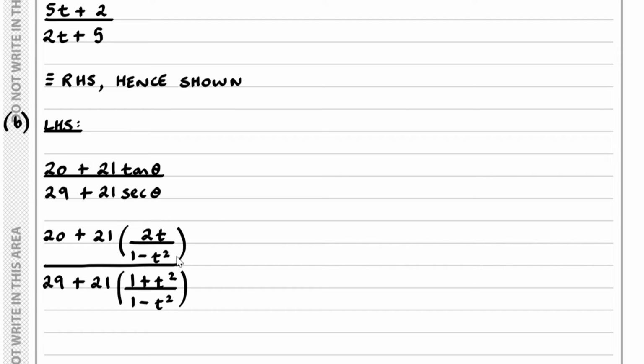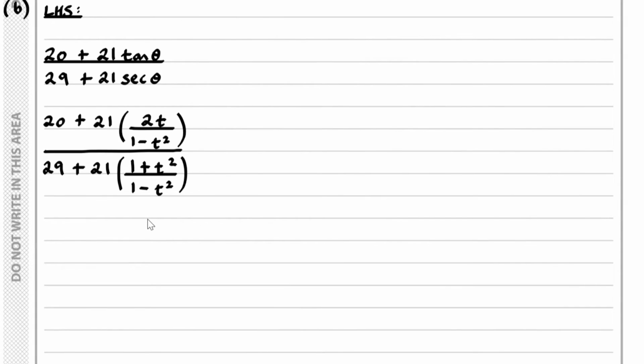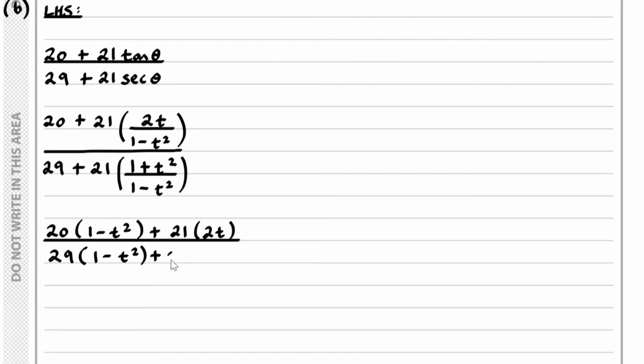And at this point, if we multiply both the numerator and the denominator by 1 minus t squared, we would have 20 multiplied by 1 subtract t squared plus 21 multiplied by 2t over 29 multiplied by 1 minus t squared plus 21 multiplied by 1 plus t squared.